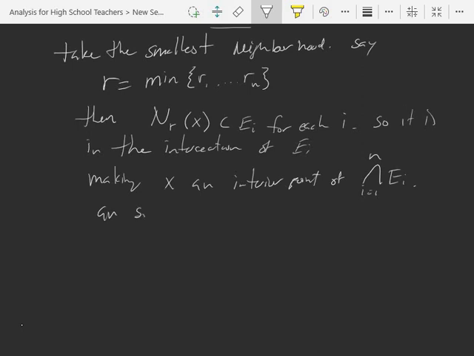And so each point is an interior point, and so the intersection is open.